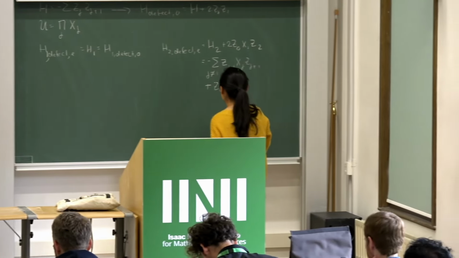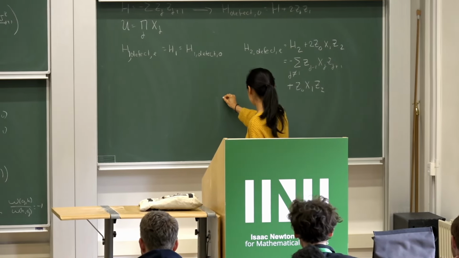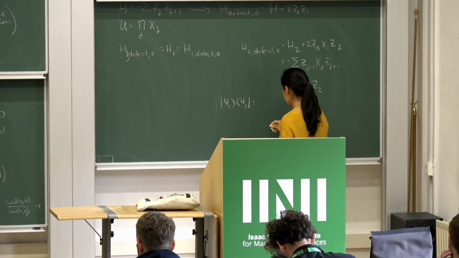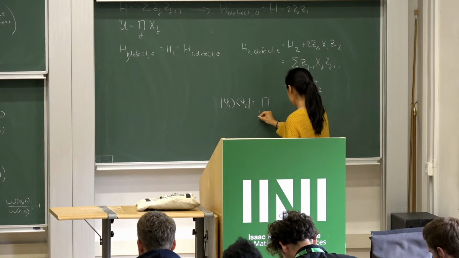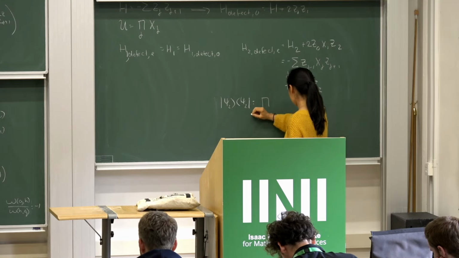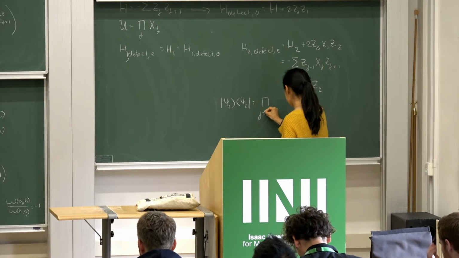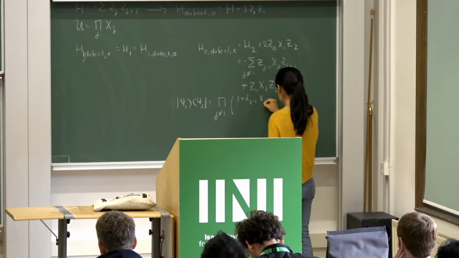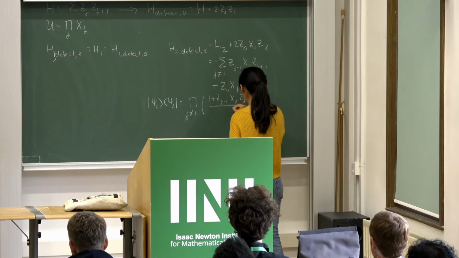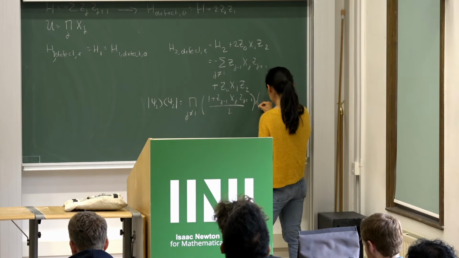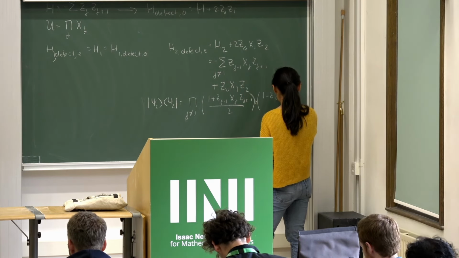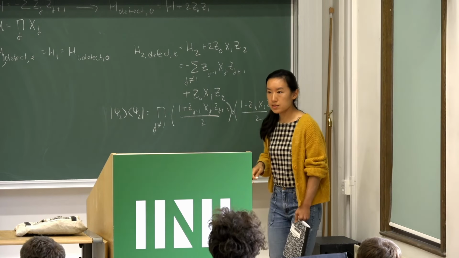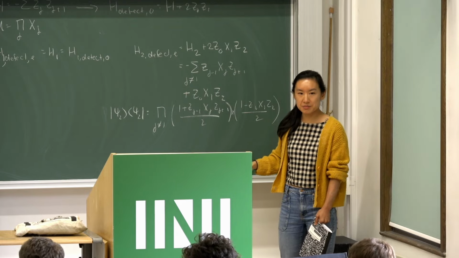It will look like the product over j not equal to 1 of (1 plus Z_{j-1} ...). So you just flip the sign of one of the terms.